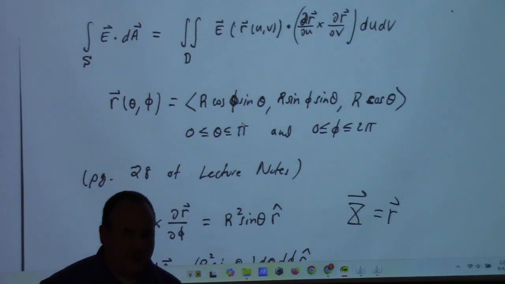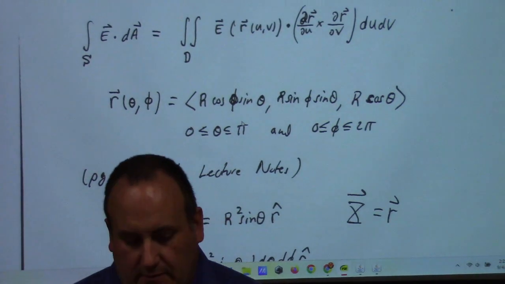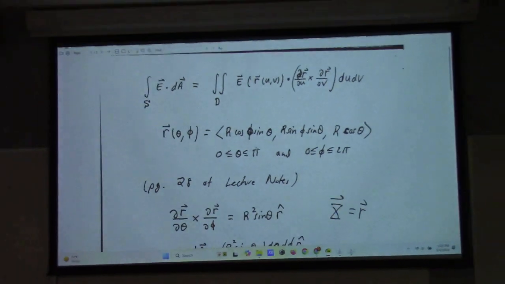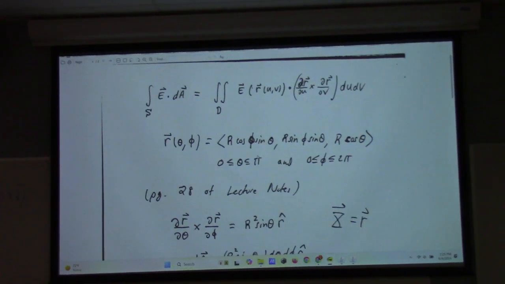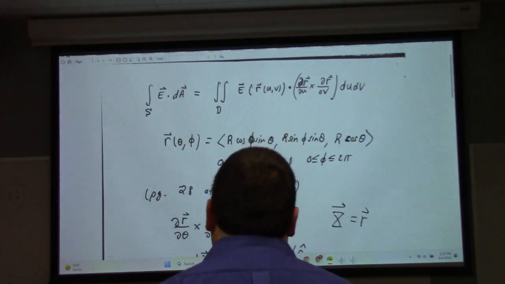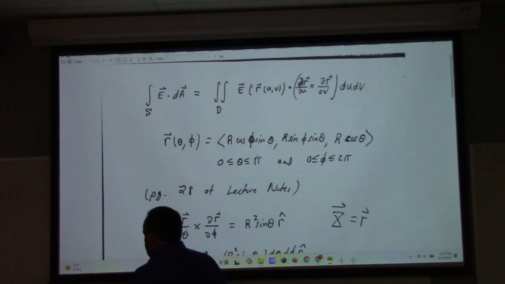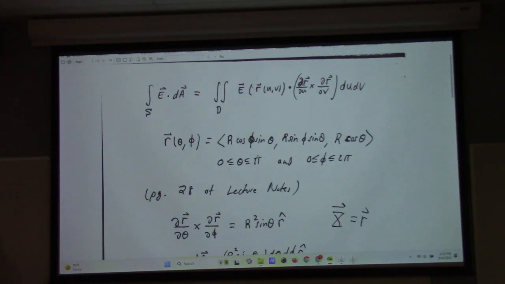All right. How do you actually calculate the flux through some surface directly by calculus? The way that's done is, to calculate the flux through a particular surface like S, you need to have what's called a parameterization of the surface.